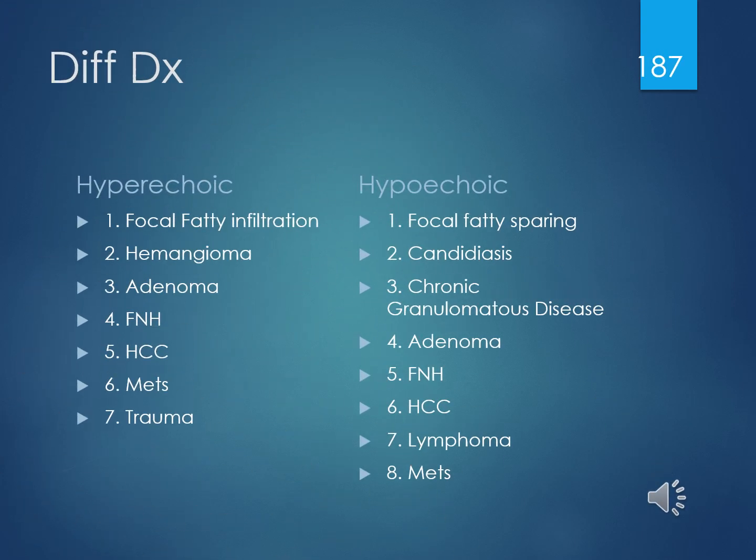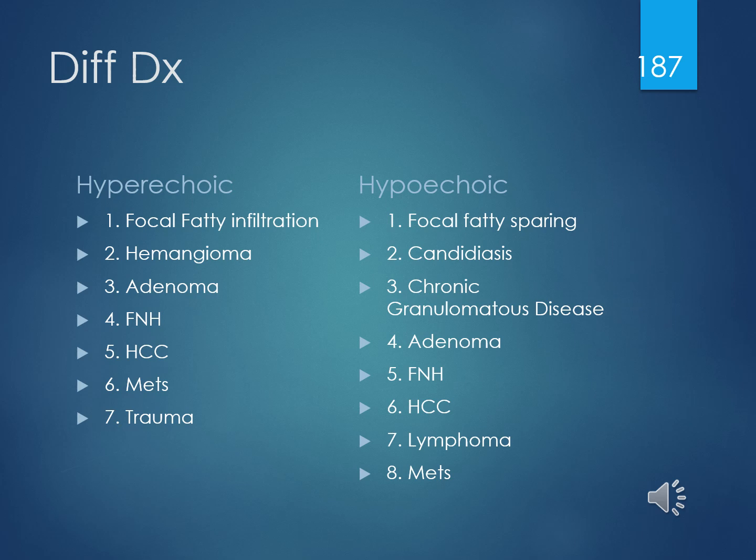You find a hyperechoic area in a liver. What's the differential diagnosis? What could that be? Focal fatty infiltration, hemangioma, adenoma, focal nodular hyperplasia, hepatocellular carcinoma, METs, or trauma. You find a hypoechoic area in the liver. What could it be?